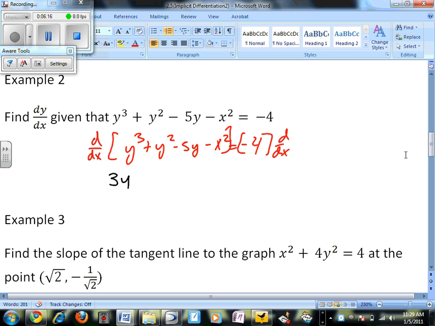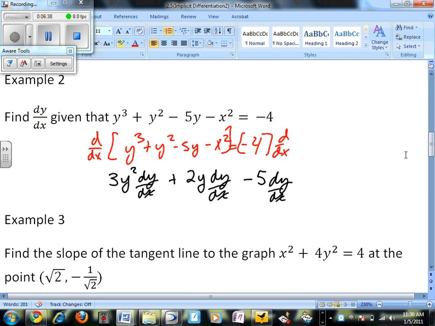So it's 3y squared dy dx, because I'm taking a derivative of a y with respect to x, plus 2y dy dx minus 5 dy dx. I'm just taking the derivative of the y and adding my dy dx.